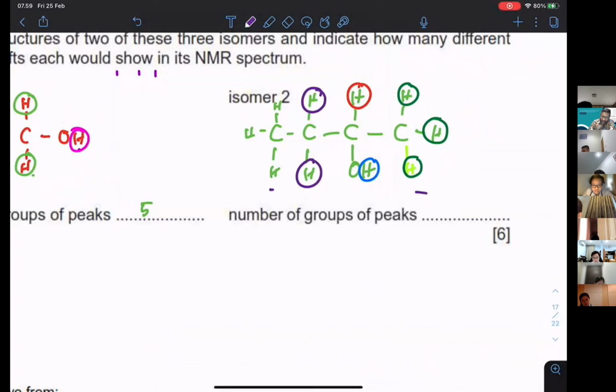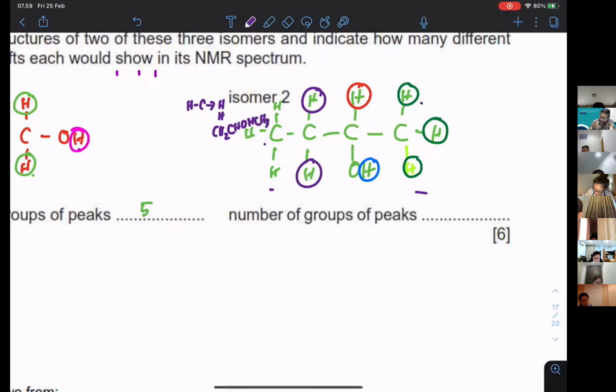So the hydrogen attached to this carbon that has 2 hydrogen. Hydrogen attached to carbon that has 2 hydrogen, and then CH2, CHOH, CHOH, and then CH3.